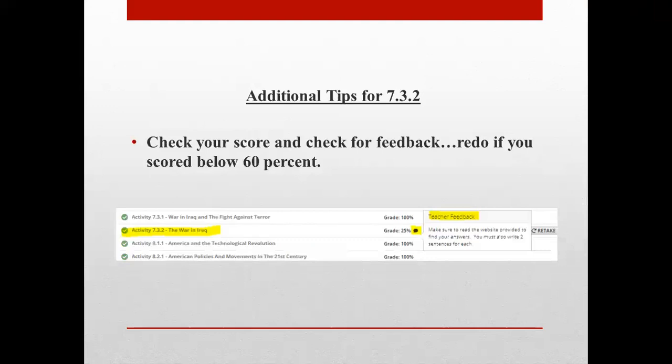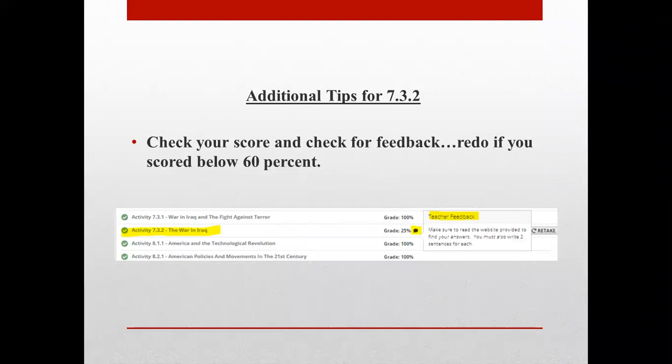Okay, once you have turned in your assignment and you've edited it, and you have looked at the rubric and made sure you have all your information in the assignment, met all the requirements, and you turn it in, then you get it back. Make sure you always check your score on assignments, and check for feedback.